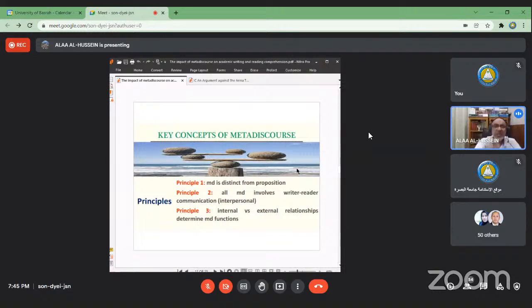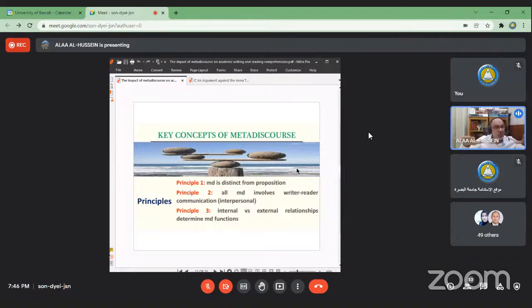Okay, the second principle is the distinct principle for Hyland only. What is so special about Hyland's interpersonal model is this principle: all meta-discourse involves writer-reader communication.